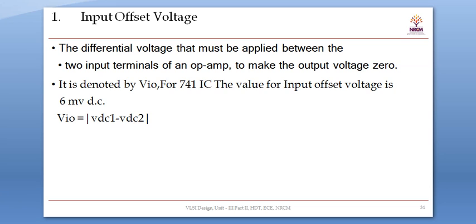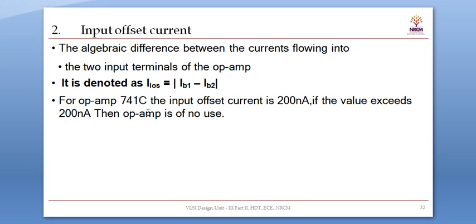The next definition is input offset current. It is the algebraic difference between the currents flowing into the inverting and non-inverting input terminals of the op-amp. If I take IB1 as the current flowing through the inverting input terminal and IB2 as the current through the non-inverting input terminal, then the magnitude of the difference between these two is called the input offset current, denoted by IIO.